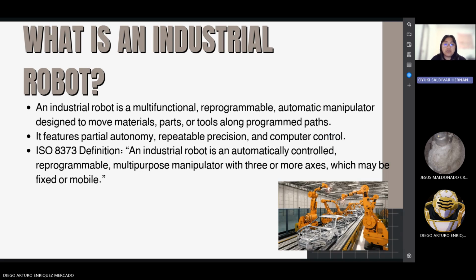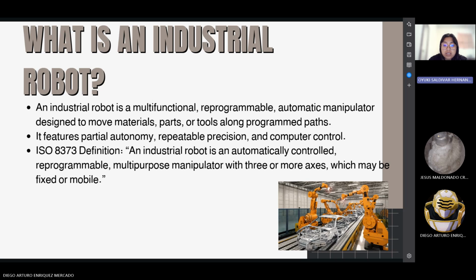What is an industrial robot? An industrial robot is a programmable machine that can move materials, parts, or tools automatically. It can perform repetitive or inherent tasks with high precision.